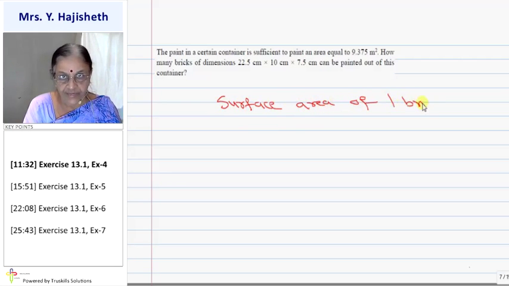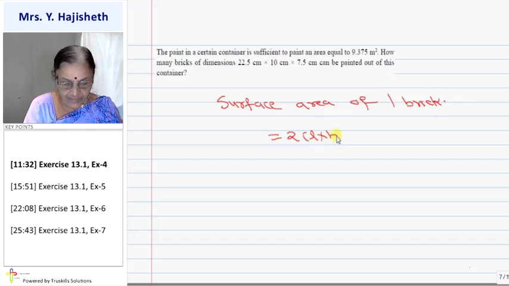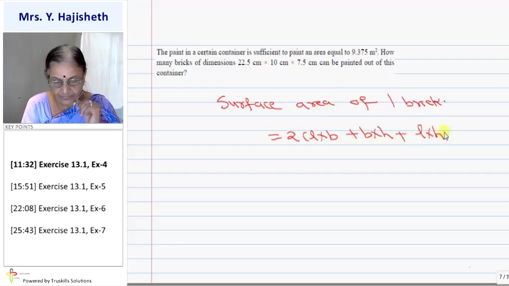1 brick. Brick is cuboid in shape. It is 2 times L into B plus B into H plus L into H. Okay. Put the value.